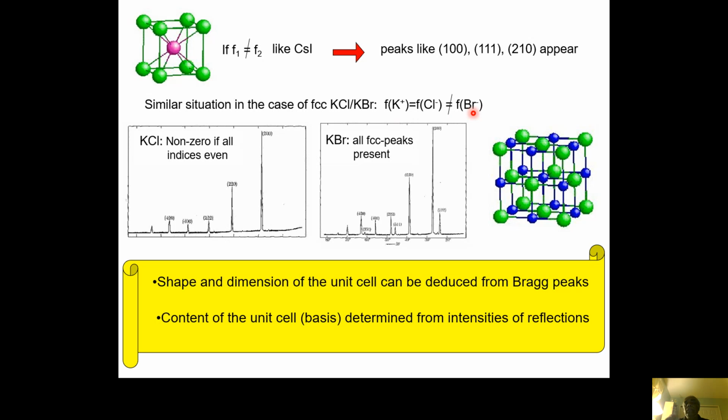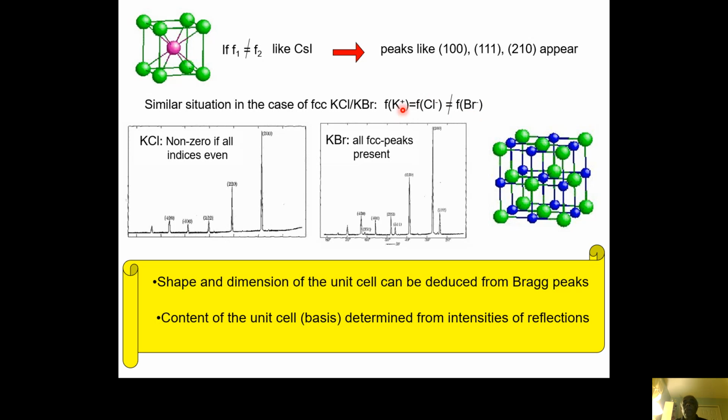That means they don't cancel, because F minus F usually becomes 0, right? But here they are different. So that F minus F is no longer 0, it is Fa minus Fb, right? So since they are not canceling, you get reflections from all the FCC peaks.